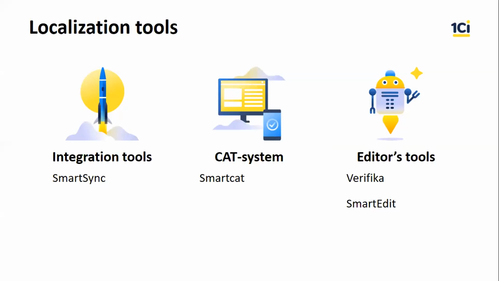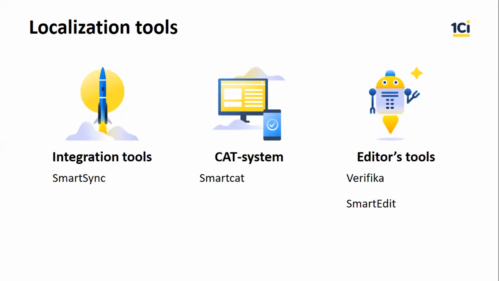Let's have a look at the tools we use. SmartSync. SmartSync is a tool for processing the application and getting localizable strings. Depending on the settings, we can get only the user interface strings, help files, or even code. We may choose to translate only some subsystems if others are not relevant for a specific country.